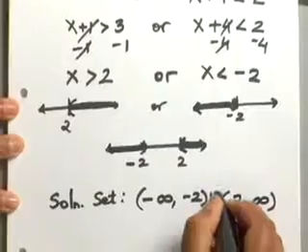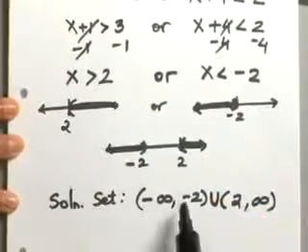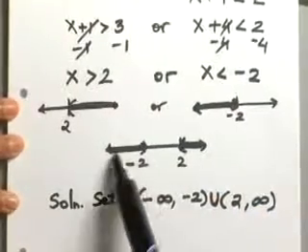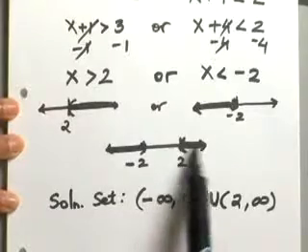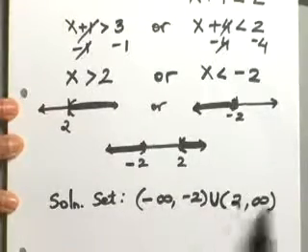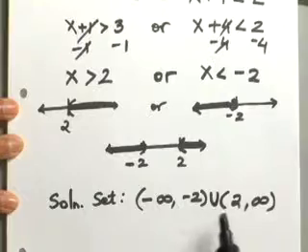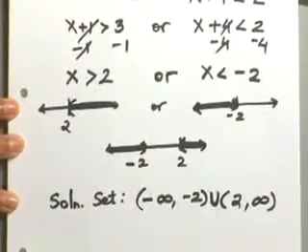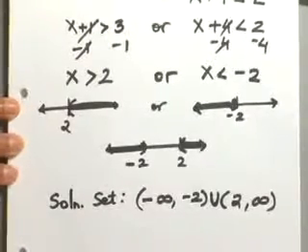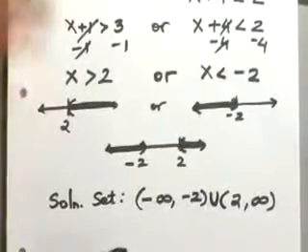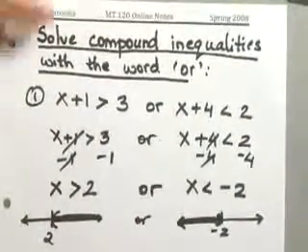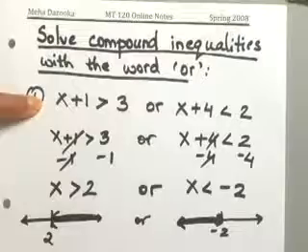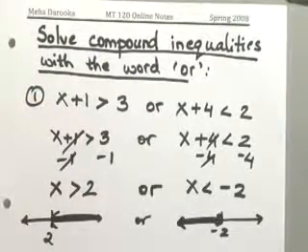And then we will use the union symbol to join these two sets, because we're saying x can be here or x can be here. So it can be in either of these two halves basically. And then we use our union to combine the two sets together. And that's how you will basically work with any compound inequality which uses the word or to join the two together.